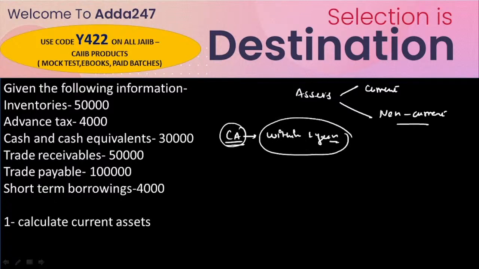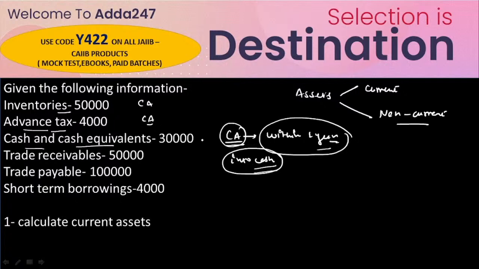All the assets that a company expects to convert into cash within 1 year are known as current assets. Inventories, related to our stocks, are a current asset. Prepaid expenses like advance tax payment are also a current asset. Sometimes it is given as advance tax, and sometimes it is written as prepaid expenses. That is also known as a current asset.